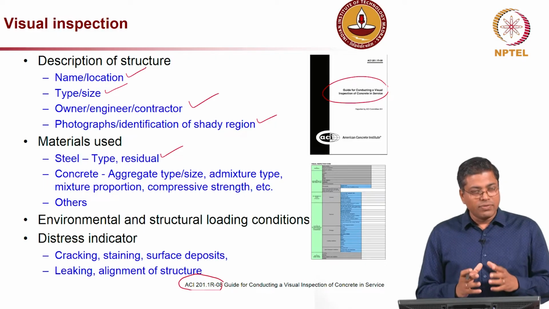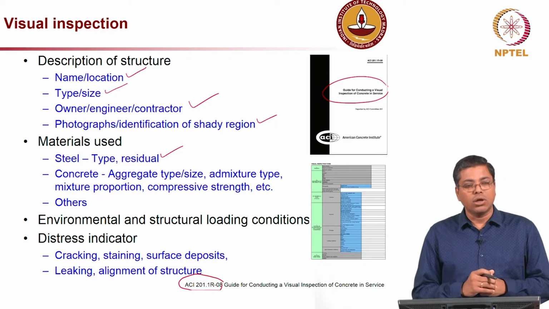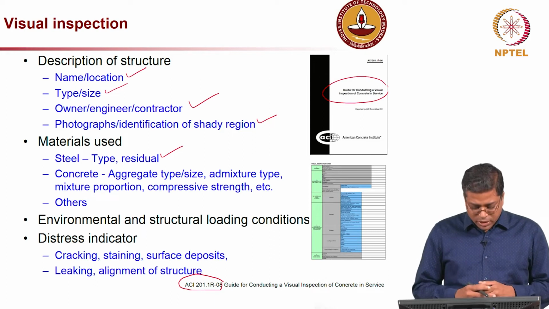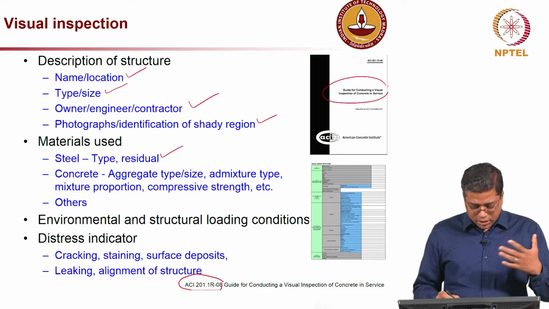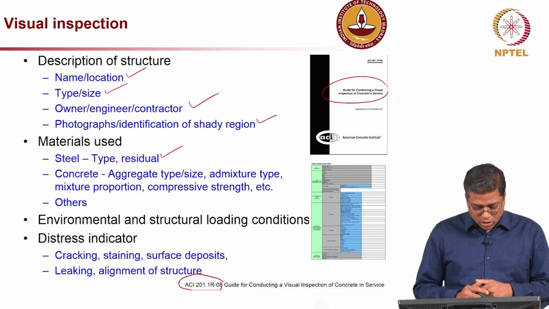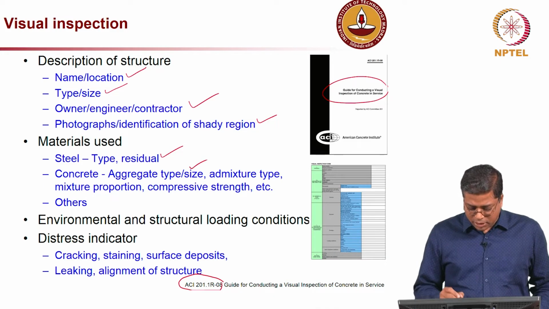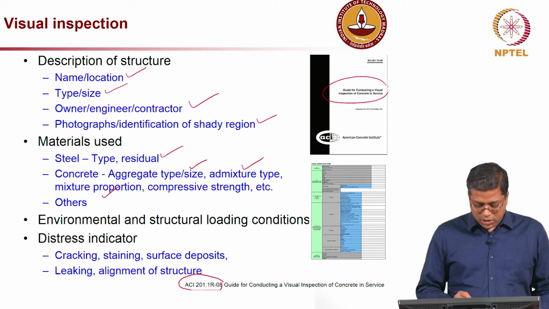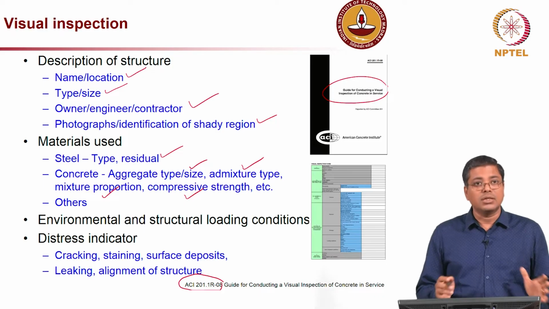I know it is very difficult to estimate cross section loss, but getting some photographs would help in making engineering judgments later on. And then concrete and aggregate type, what type of admixtures were used, mixture proportion, compressive strength and other properties.